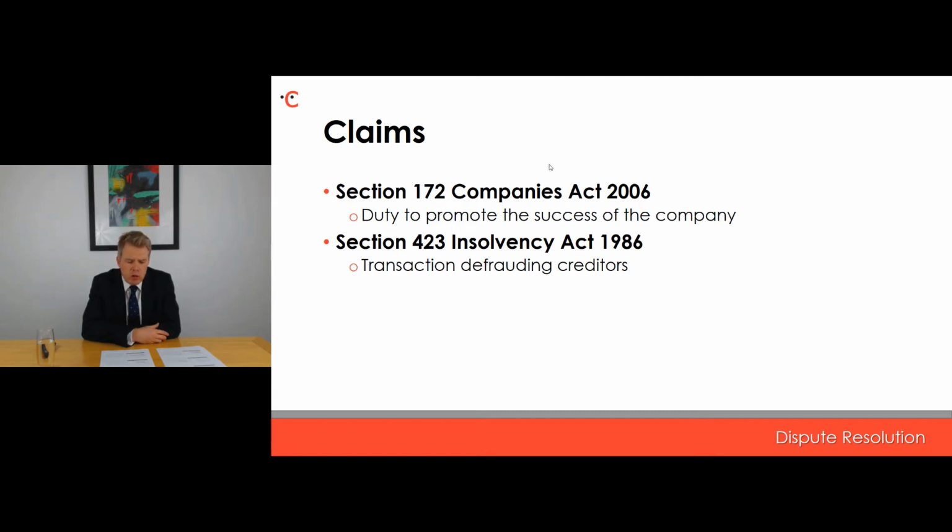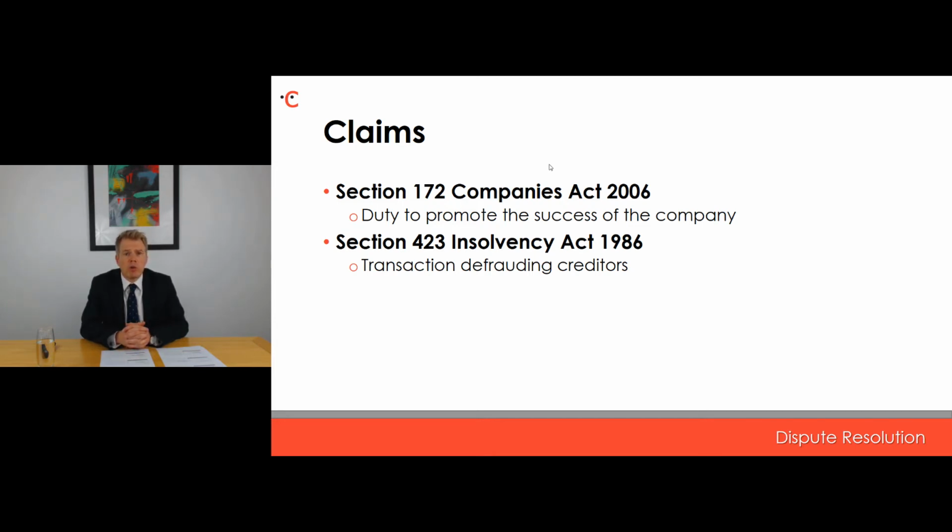And you remember that I mentioned this a little while ago, and this is the duty to promote the success of the company. And there was a long list of things that the directors must take into account, but in some circumstances, they must consider the interests of the company's creditors.